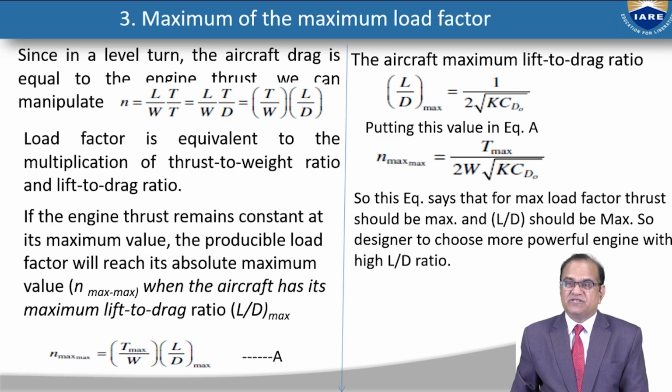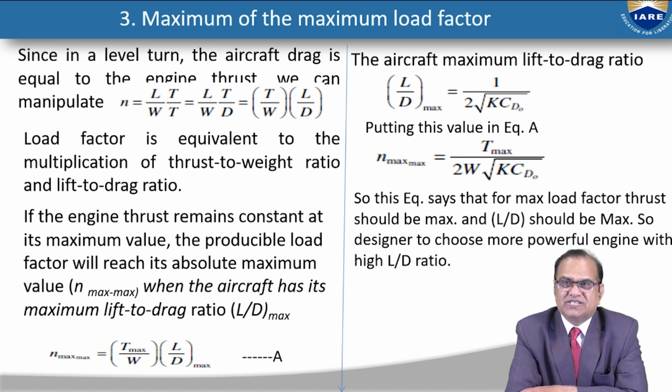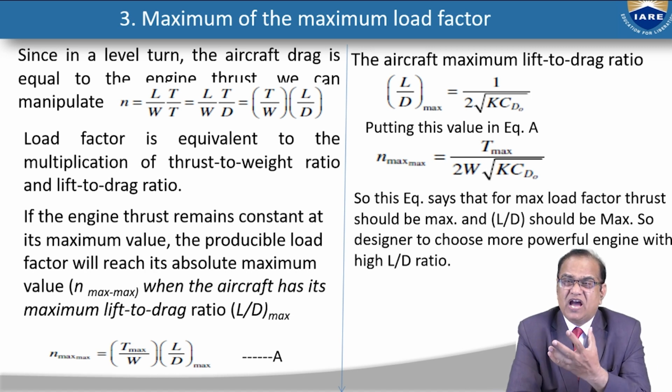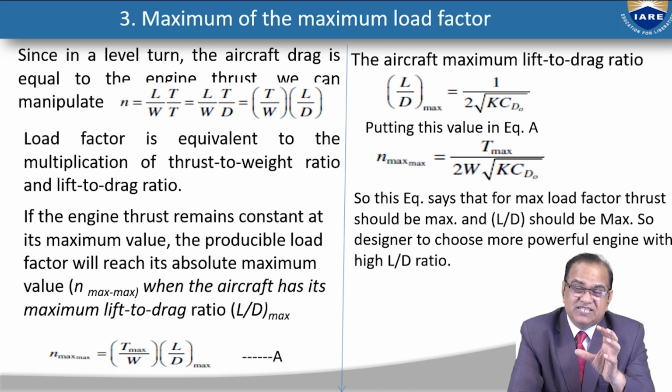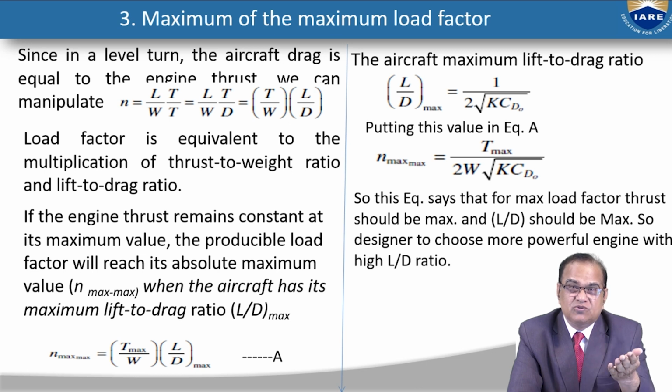I want to focus on something here. If we are designing the aircraft, we have to make sure that our engine has maximum power and also the L by D ratio is maximum. If you are able to do this, then only will you achieve the load factor which is the maximum of the maximum.